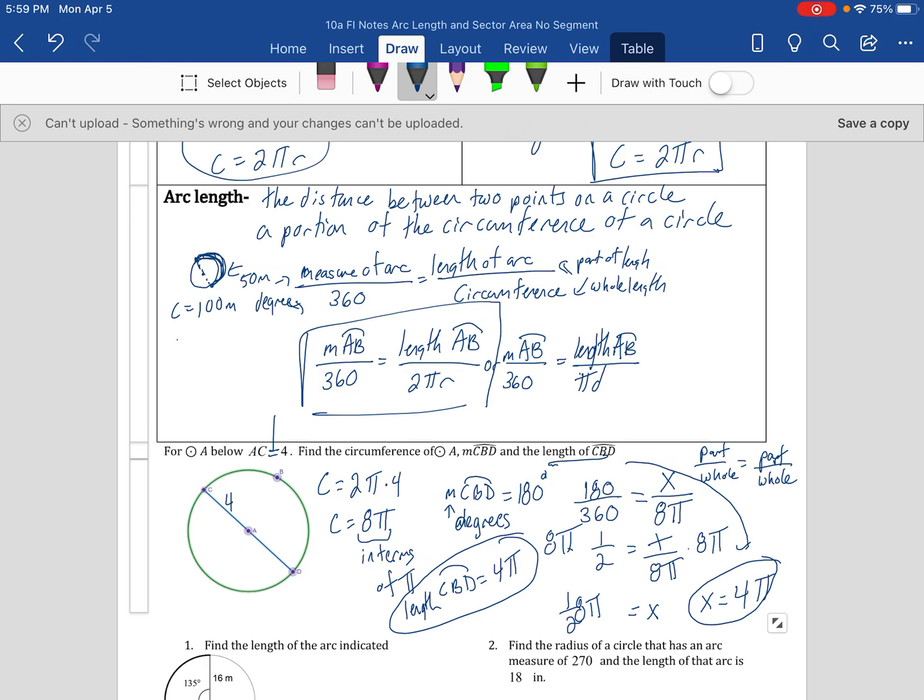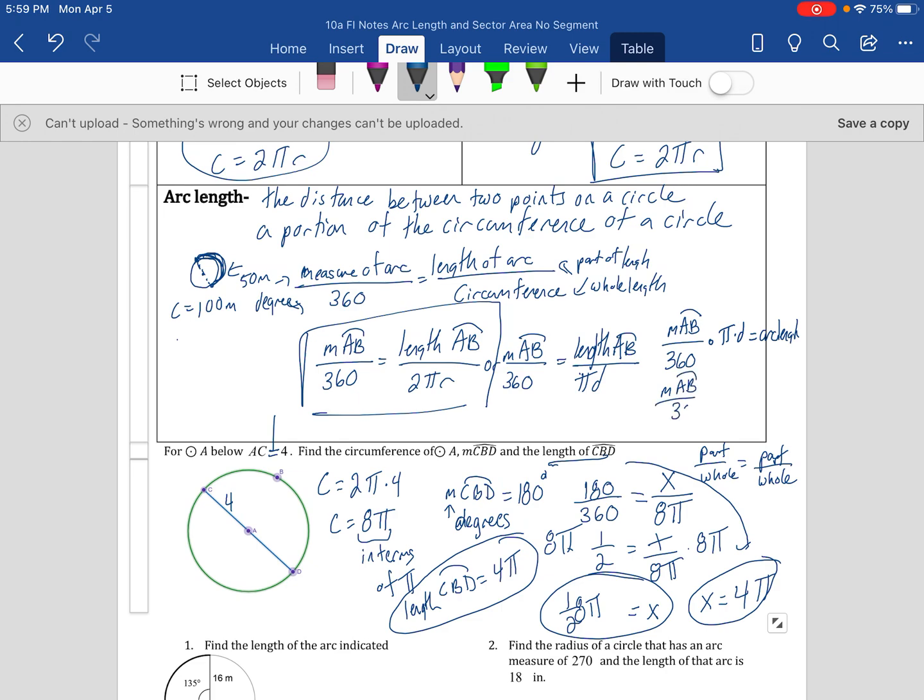Okay. What's also true is this formula right here. That's kind of reflected there. The measure of your arc over 360 times your circumference is equal to your arc length.